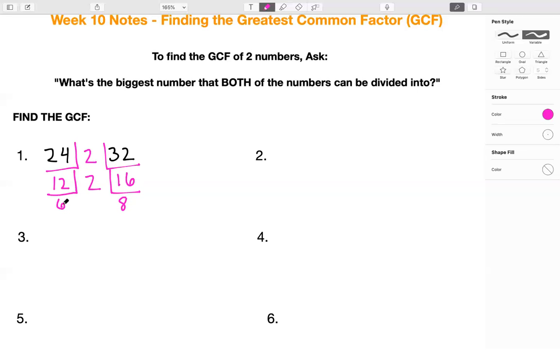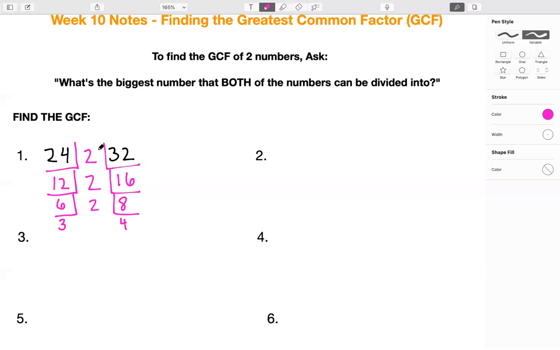We can still divide 6 and 8 by 2. Let's keep doing that until we cannot anymore. 6 divided by 2 is 3. 8 divided by 2 is 4. We're left with 3 and 4 now. And these numbers no longer have a common factor except for 1, because you can divide anything by 1.